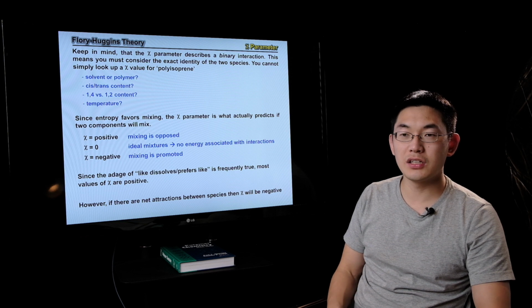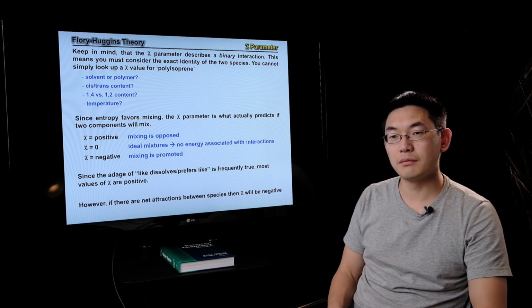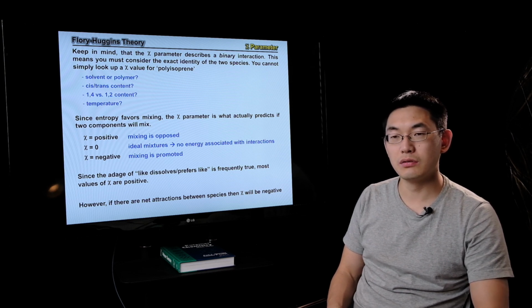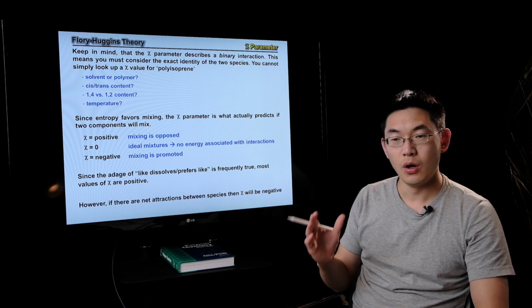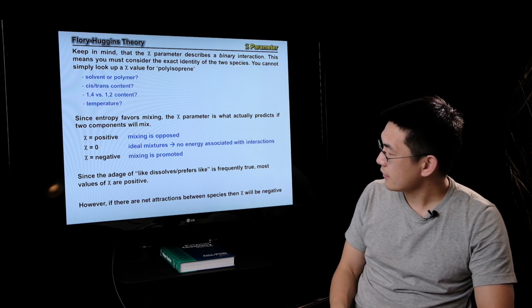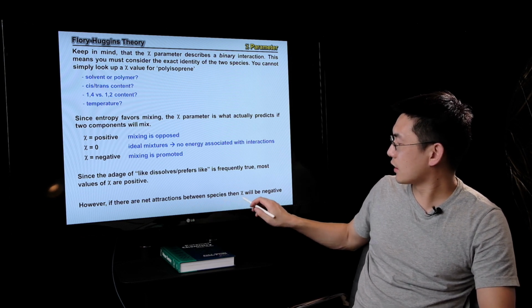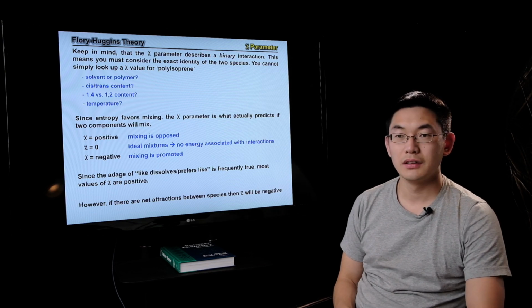If you look at the cohesive energy, they will be very close. So you can use the energy density to predict what chi is, and we will talk in more detail about what this energy is. However, if there's net attraction between species, then chi will be negative, if two species attract, of course.